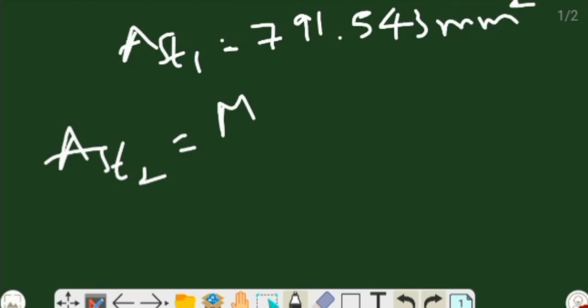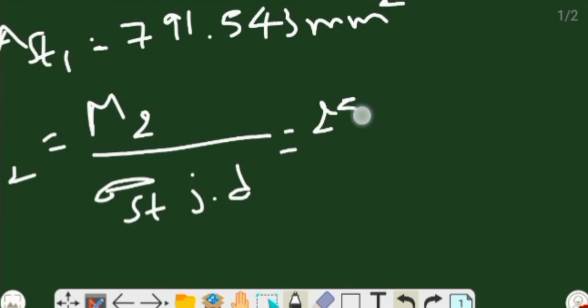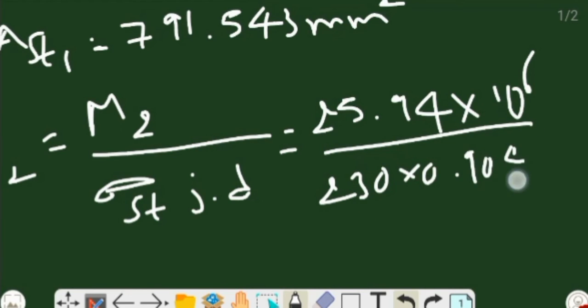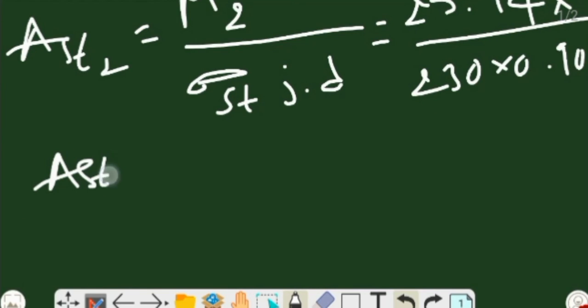AST2 equal to M2 by sigma st into J into D. AST2 equal to M2, which is 25.94 into 10 to the power of 6, by 230 into J, which is 0.904, into D, which is 450 mm. We get AST2 equal to 277 mm square.